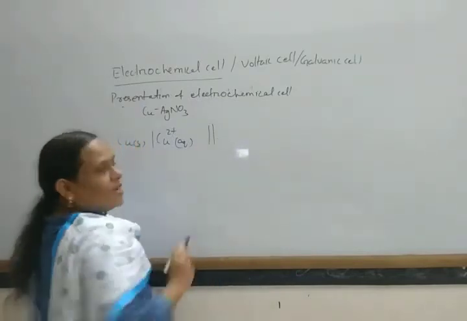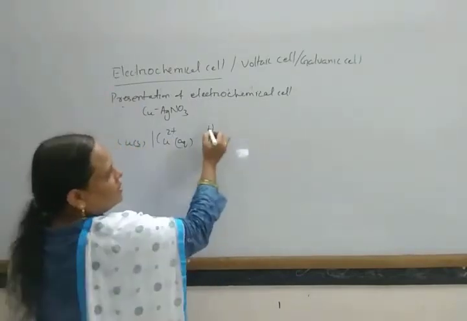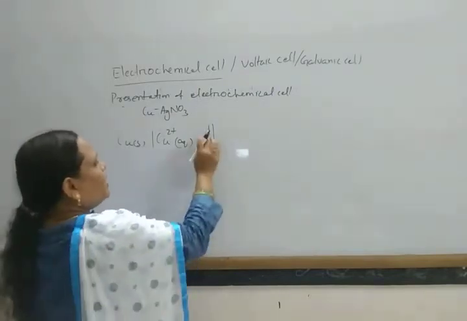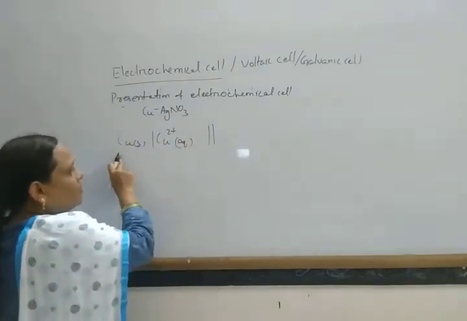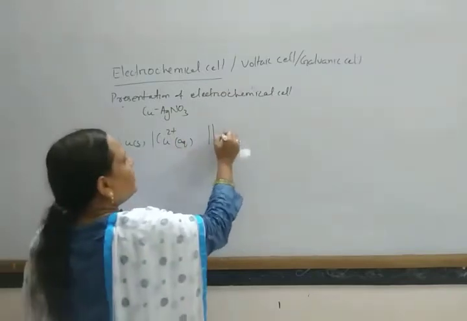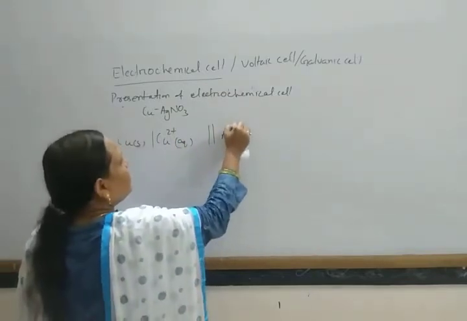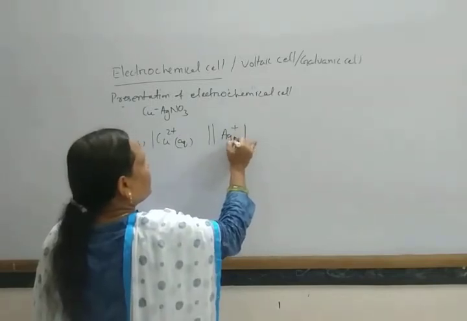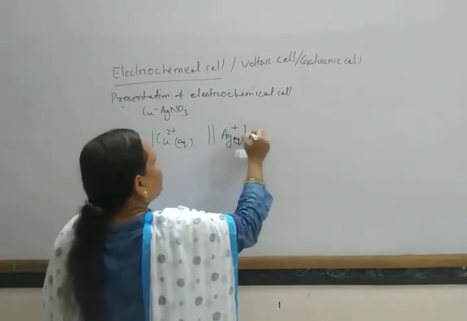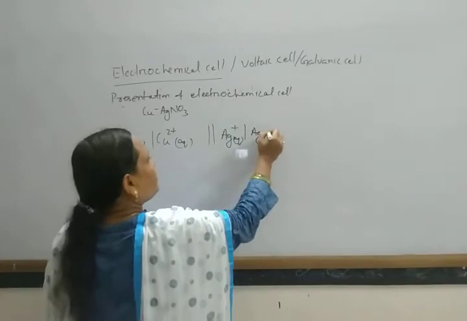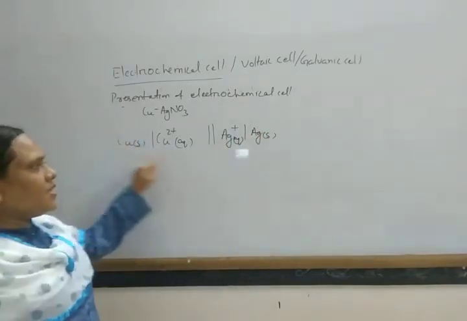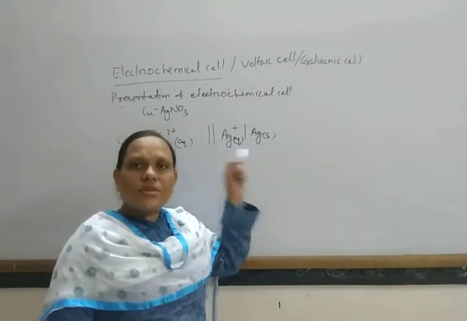The electrolyte present in the salt bridge is written between the vertical lines, or it can remain blank. So copper solid, Cu2+, and silver has valency 1, Ag+, also in aqueous form, and Ag solid. This is the presentation of the cell. This is your oxidation half cell, and this is your reduction half cell.